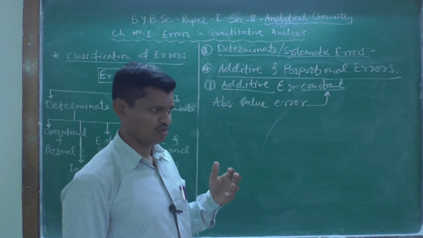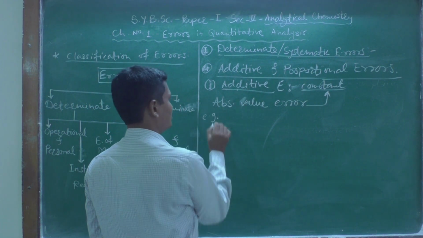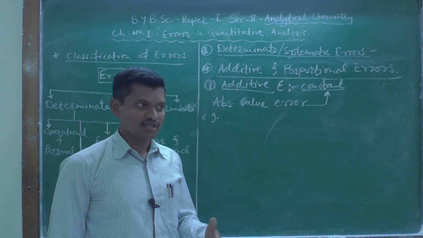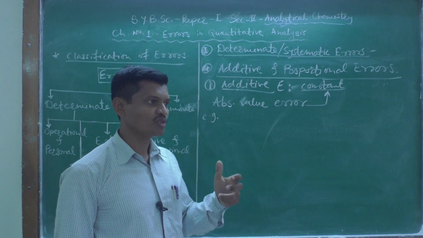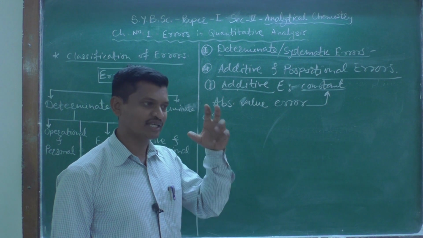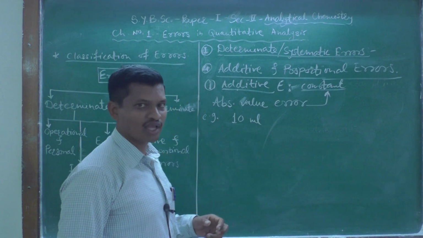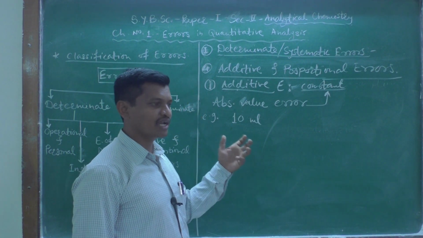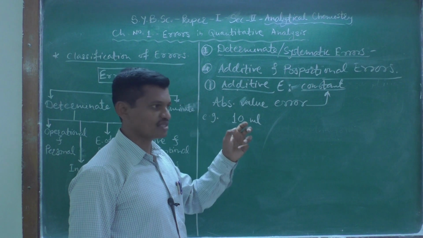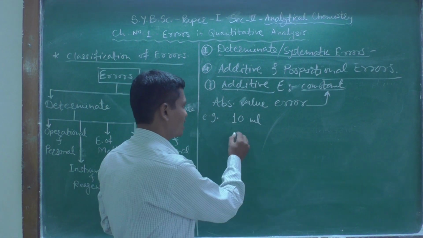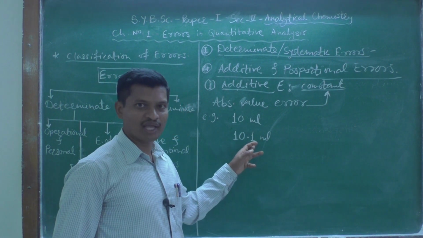For example, we are doing a titration, and in the first titration the volume of titrant added is, let us say, 10 ml. So the correct endpoint is 10 ml, but due to some error we are getting the endpoint 10.1 ml.